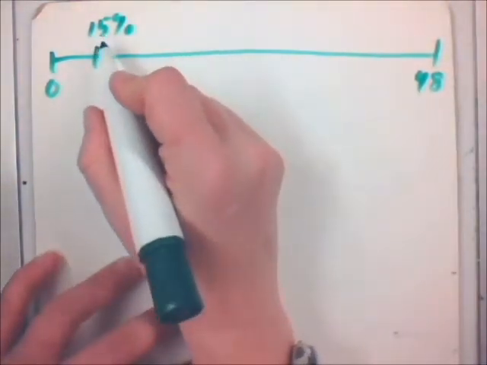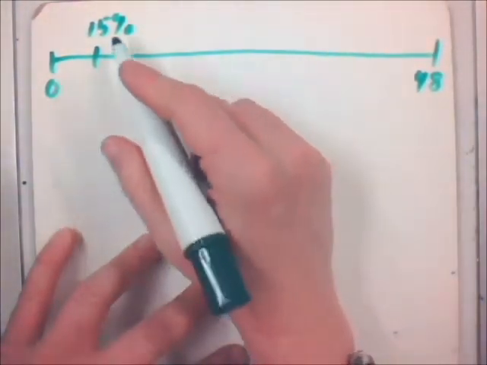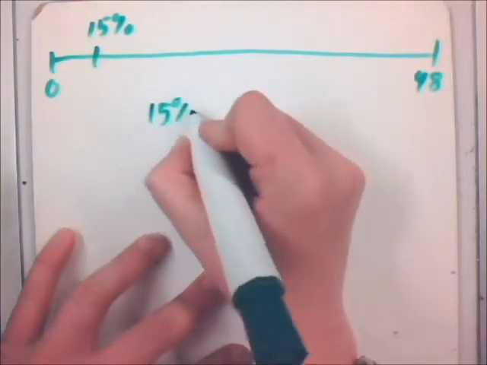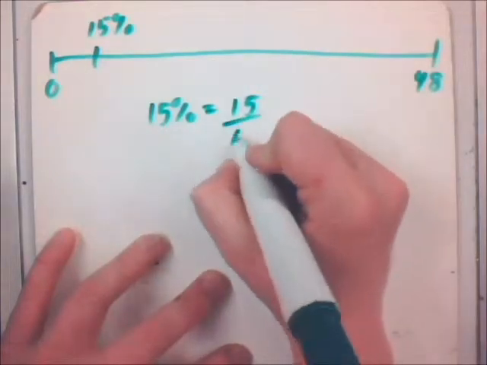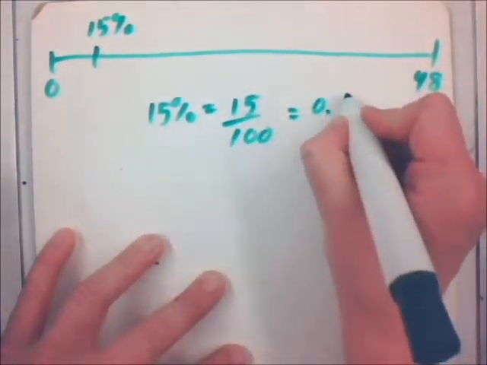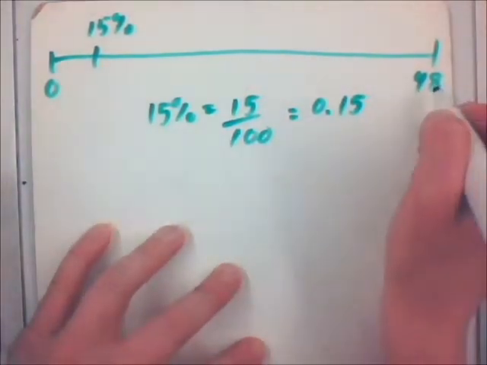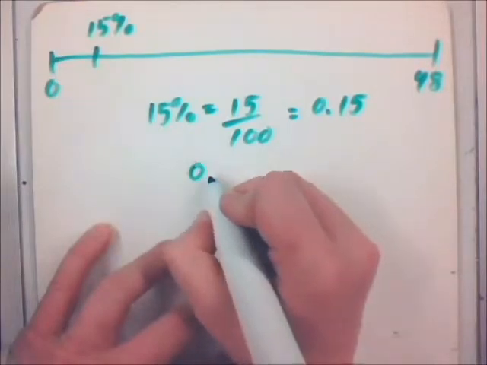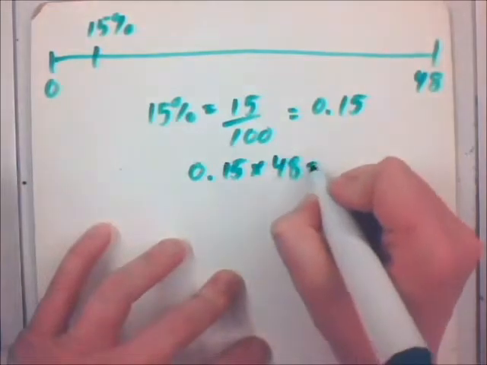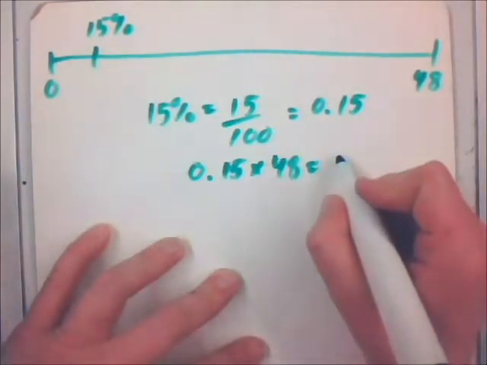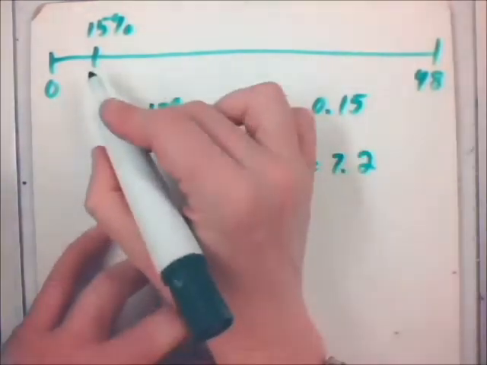So to figure out 15% of the 48 students, I've got to take the 15%, change it into a decimal by first making it into a fraction, and then go 0.15 times the total number of students, 48, and that gives me a total of 7.2. So 15% of 48 is 7.2.